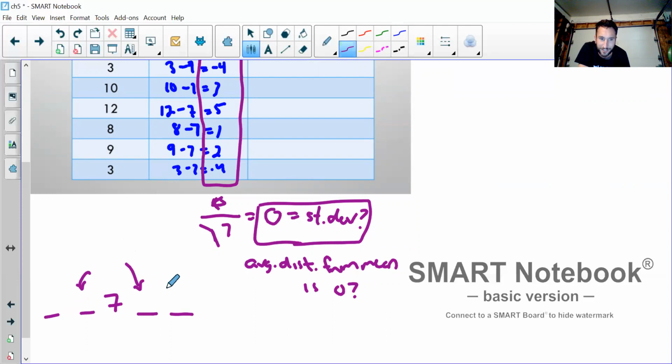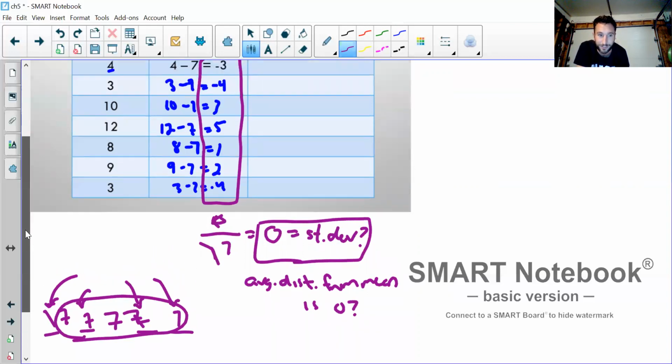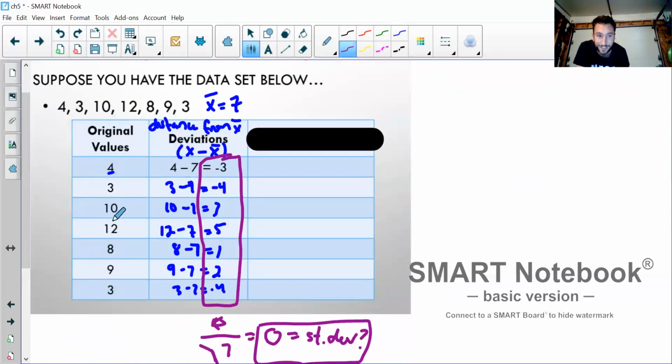The only way the standard deviation is going to be 0 is if this is a 7, and this is a 7, and this is a 7, and this is a 7. So a standard deviation of 0 would suggest there's no spread, that all of these are the same number, 7s. But we know that's not the case.